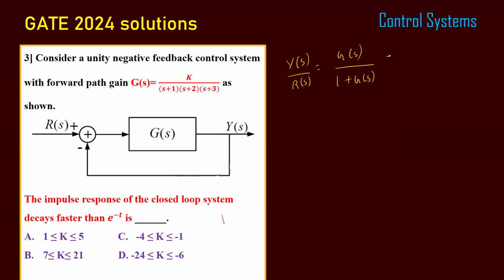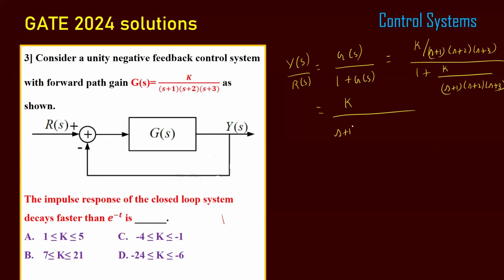Now substituting the value of G of s, k by (s plus 1)(s plus 2)(s plus 3), by 1 plus k by (s plus 1)(s plus 2)(s plus 3). So simplifying this, k by (s plus 1)(s plus 2)(s plus 3) plus k. So this is the characteristic equation for the given system.